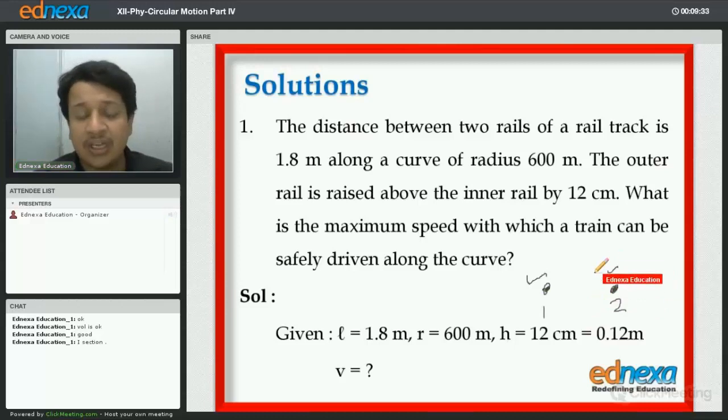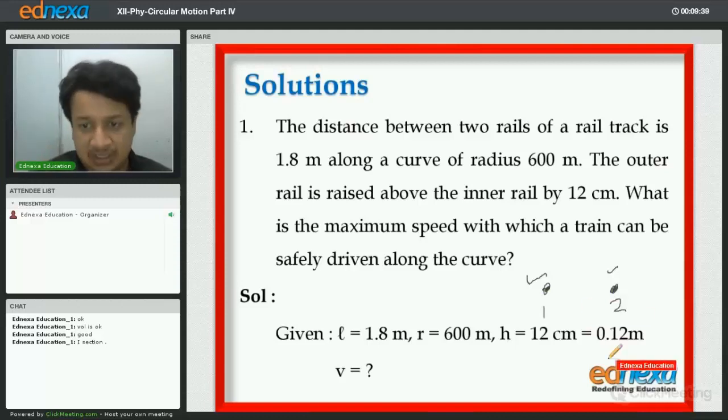Then what I mentioned, the second rail is the outer rail. Then the outer rail is raised. Outer rail is raised by a distance of 12 centimeter. 12 centimeter means 0.12 meter. Is it right?